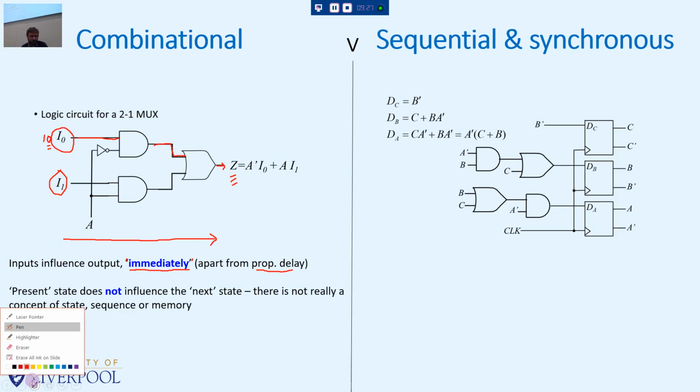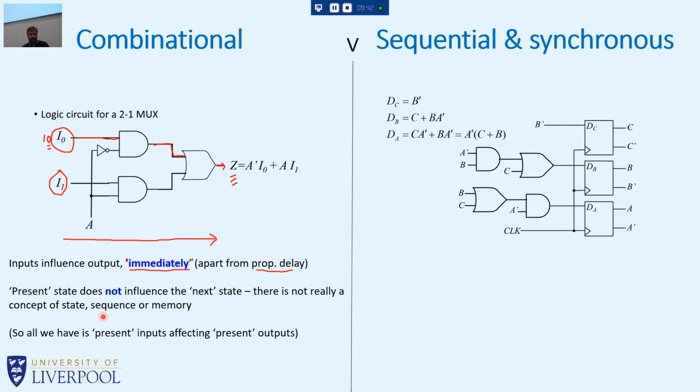So we don't really have such a thing as a state, and we don't really have a concept of sequence of the signals. I mean, there is some sequence there as the signal travels through, but there isn't any synchronization of that sequence, and there's no memory. So we just have present inputs affecting present outputs.